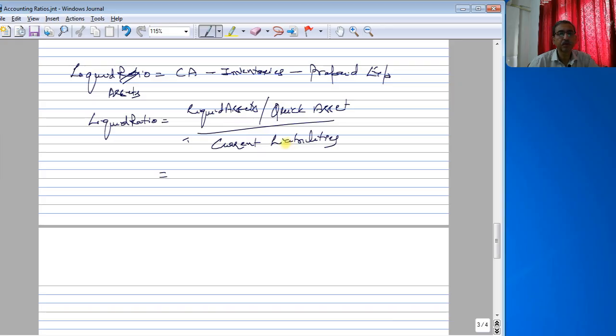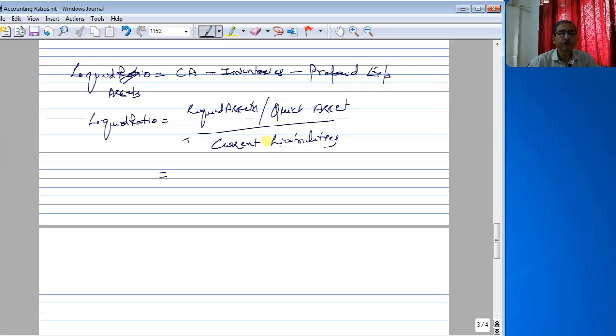Similarly, prepaid expenses are expenses we have already paid, so we cannot get this money back. We include them in current assets because in the coming accounting period we need not pay these expenses again. But when we calculate liquid assets, these two items are removed from current assets, because we cannot realize inventories whenever we want; we depend on market conditions.